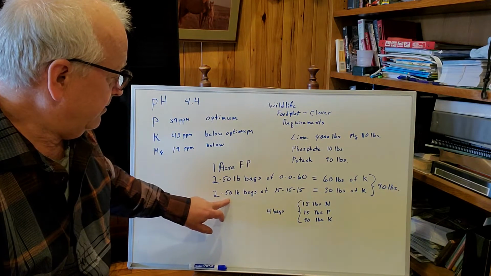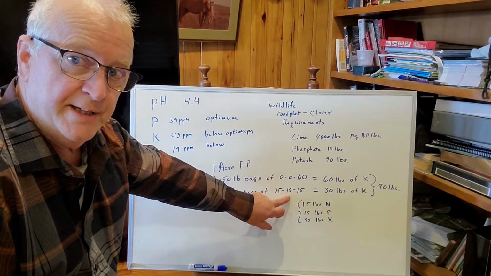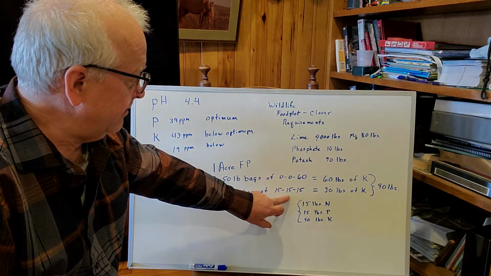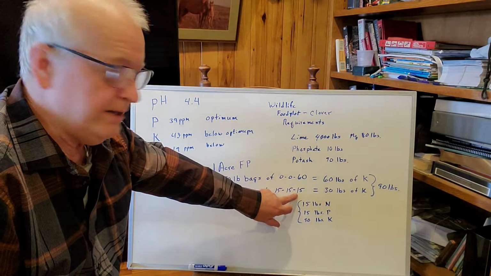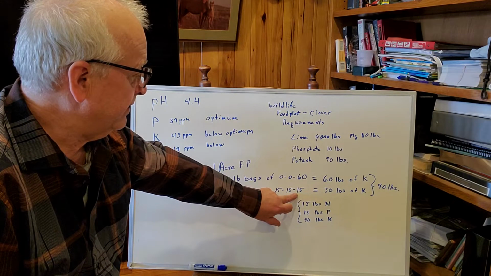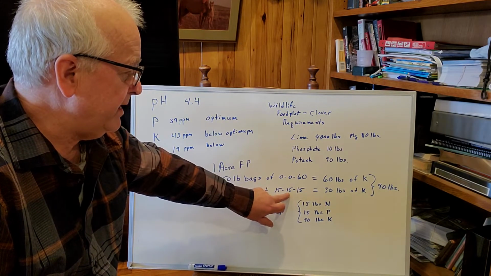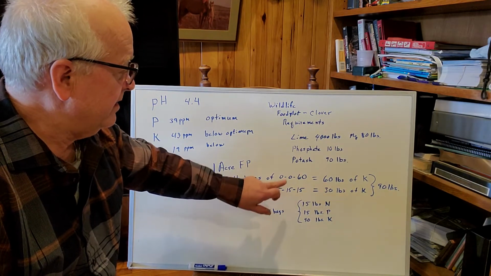And they have bags of 15-15-15. So you're like, well, I don't want to buy all 15-15-15 because you're going to waste your money on stuff you don't need over here.